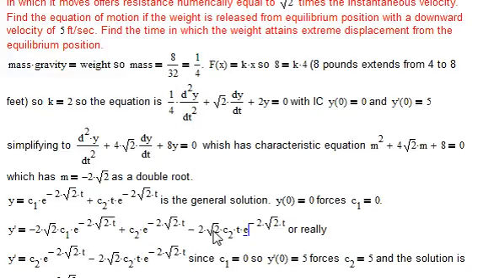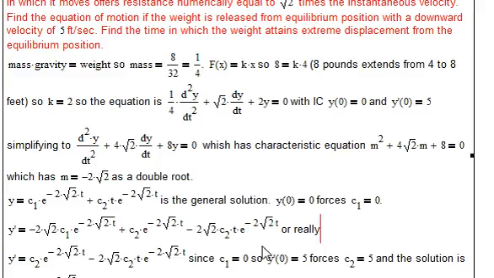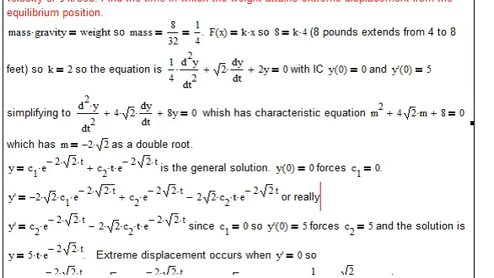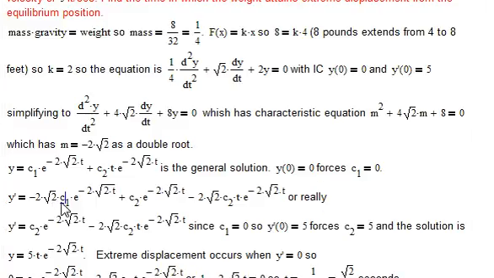If you simplified all that, you get c2 e to the negative 2 square roots of 2 t minus 2 square roots of 2 c2 t e to the negative 2 square roots of 2 t. Notice that since c1 was 0, we didn't bother to put that one in here.